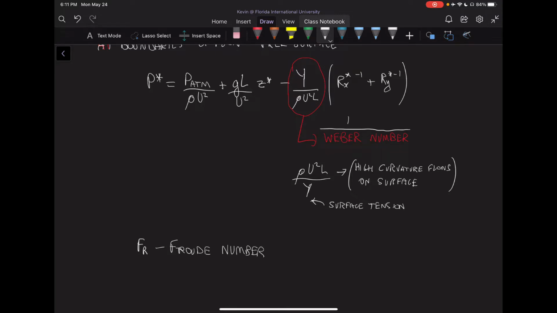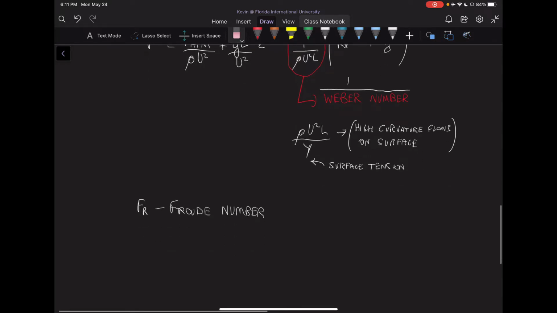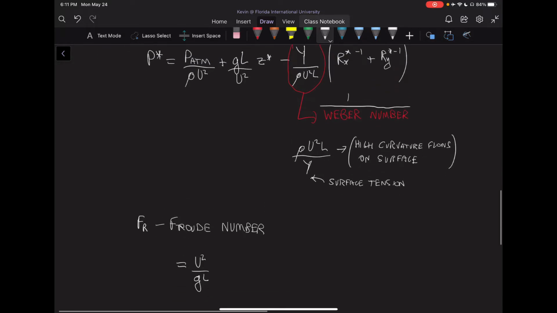The Froude number is just equal to u squared over GL, and we see that in our equation above, we also have 1 over the Froude number. So this Froude number is used in free surface flows.